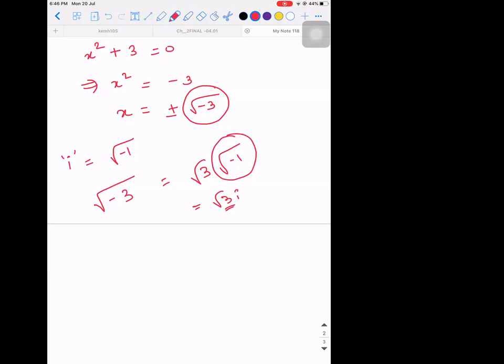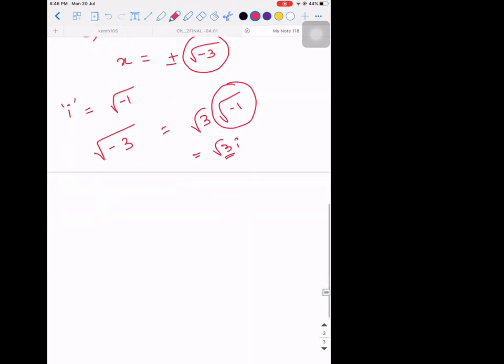If you see any number which is a combination like this, say if I give you 3i, what do you understand from here? Here the value is 3 into root of minus 1. This is an imaginary number.